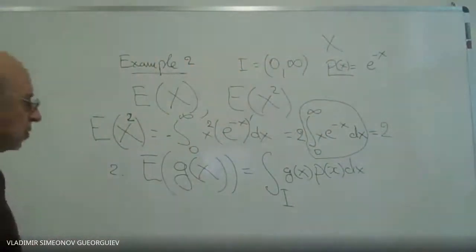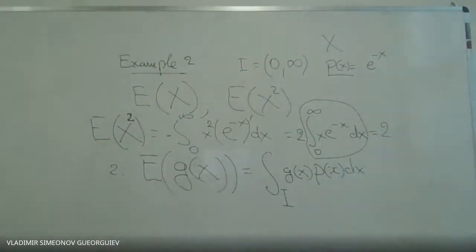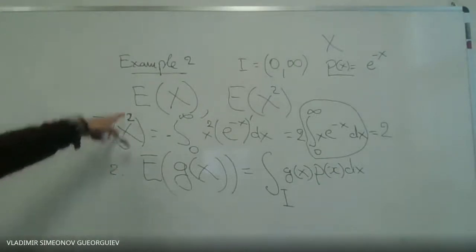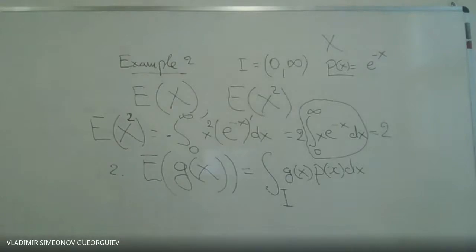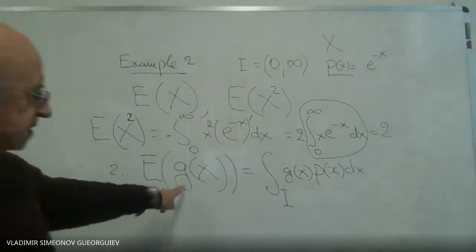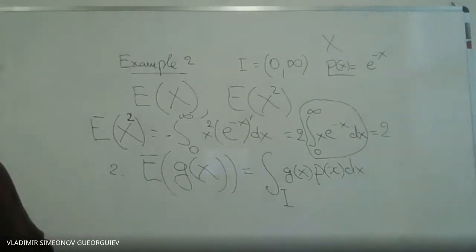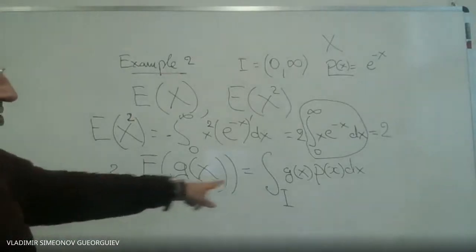So the expectation of x squared is 2. We have a bigger expectation here because we take x squared, while for x we have this result. Again, I ask you about your questions, observations. Whenever you have a function of your random variable, you compute the expectation in this way.